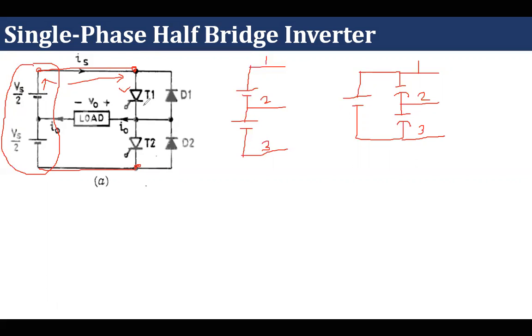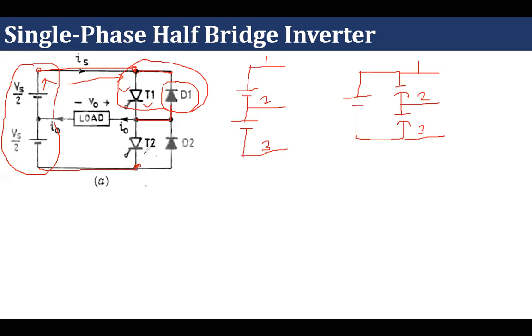And along with this controllable switching device, we need to use a diode in anti-parallel manner. It means the anode of the diode must be connected to the cathode of the controllable switching device, and its cathode must be connected to the anode of this SCR. So this combination gives one semiconductor device situation which will be used in the inverter.